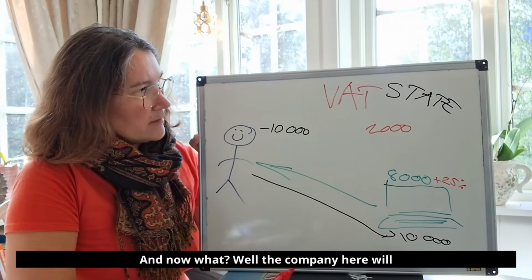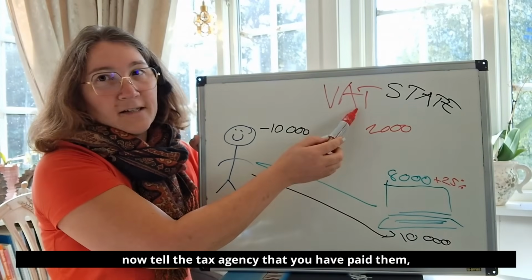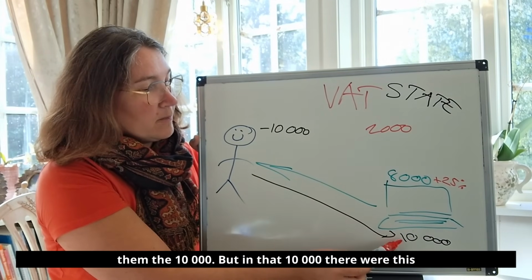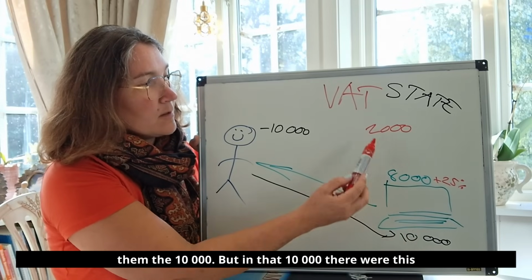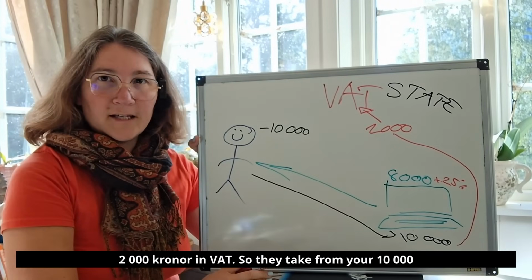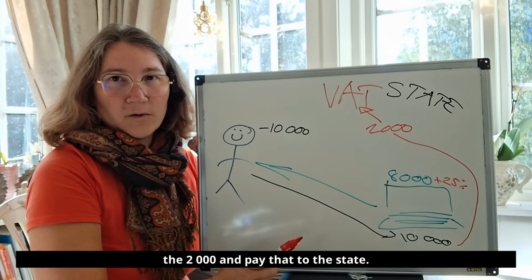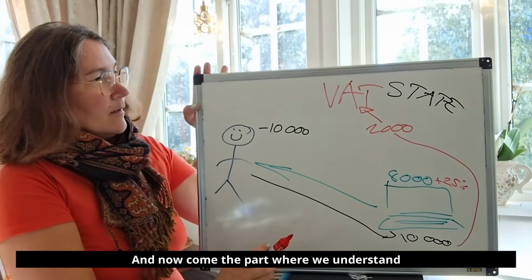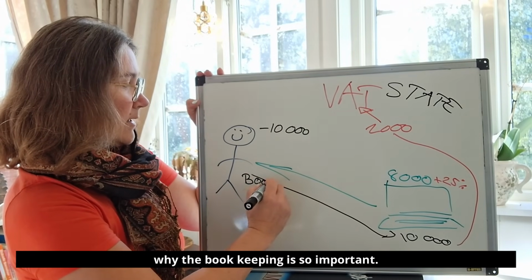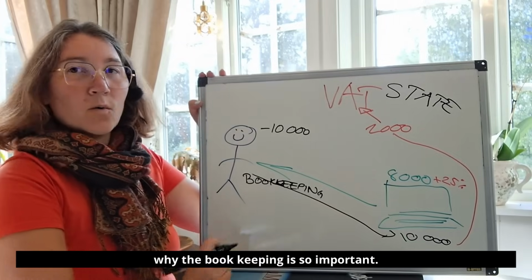And now, what then? Well, the company here, they will now tell the tax agency that you have purchased the computer and you have paid them the 10,000, but in that 10,000, there were 2,000 kronor in VAT. So they take from your 10,000 the 2,000 and pay that to the state. And now we come to the part where we understand why the bookkeeping is so important.